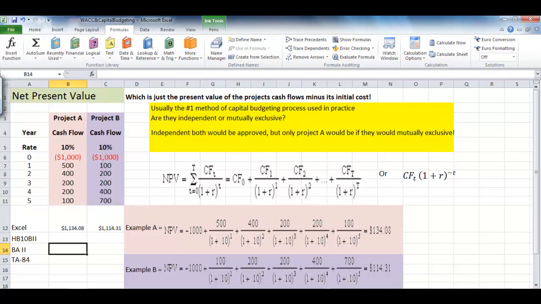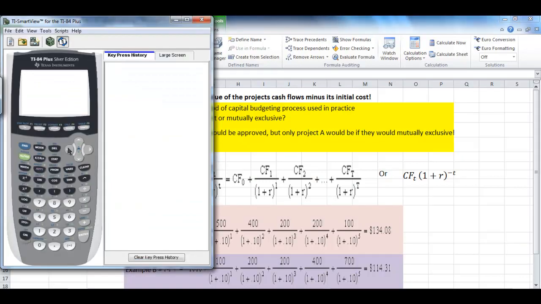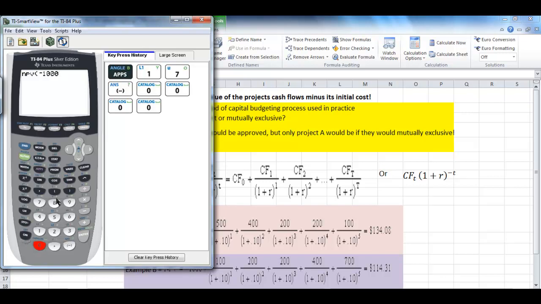And if I was using the TI-84, I just hit the apps button, and I go ahead and hit 1 for finance, and then 7 for my NPV function. And this first spot right here will allow me to put my negative 1,000. And at that point, I put the comma, and I go ahead and put the rate.